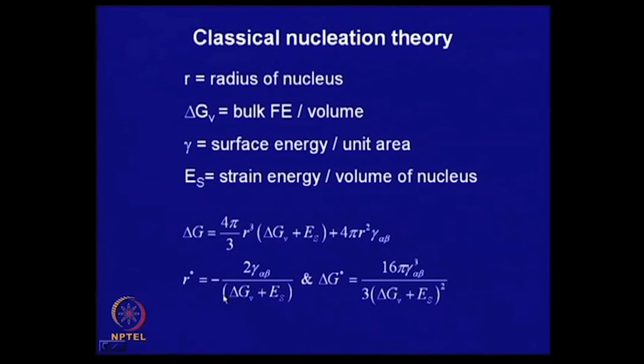In that case the magnitude of the denominator will become smaller, because this is negative, so r star will be larger. So, what it means is that the critical nucleus size will increase.